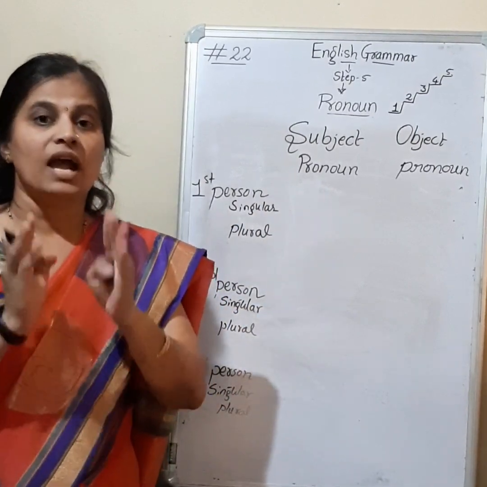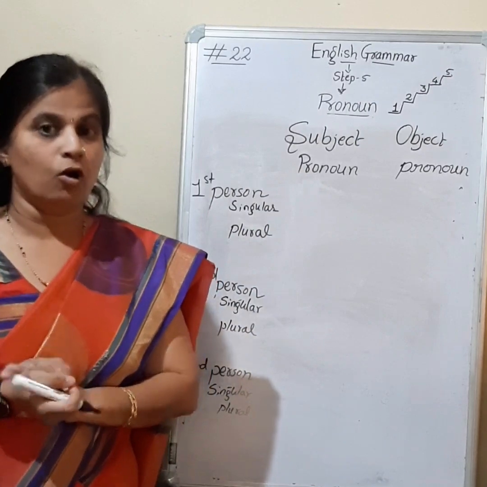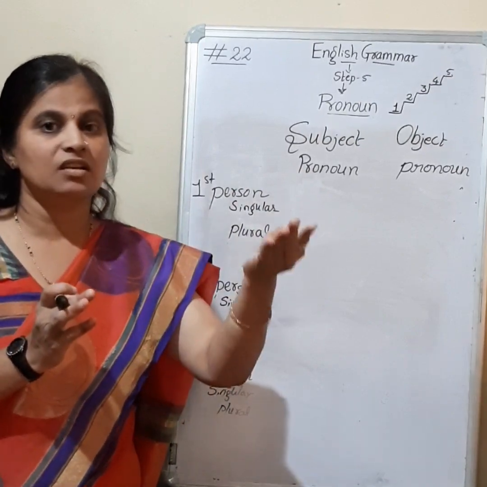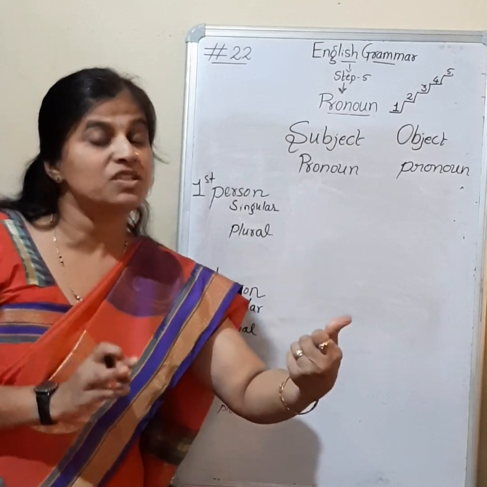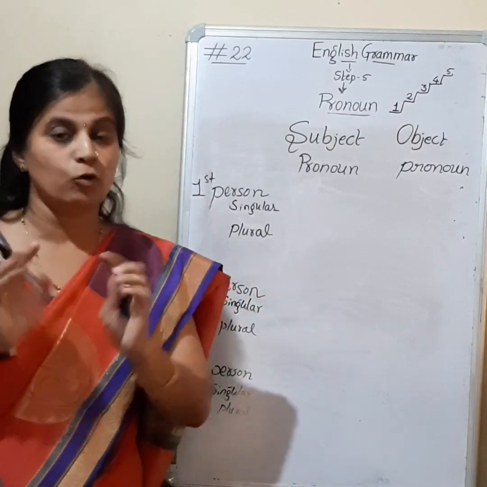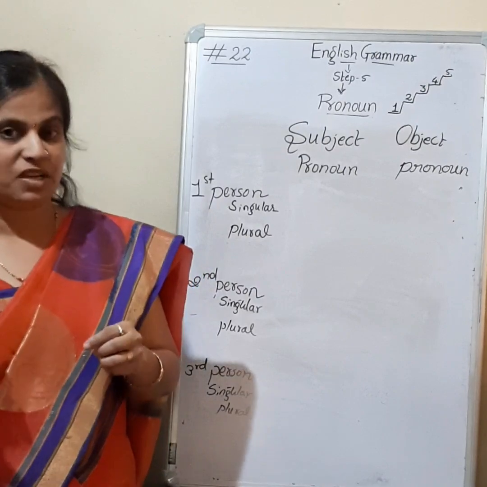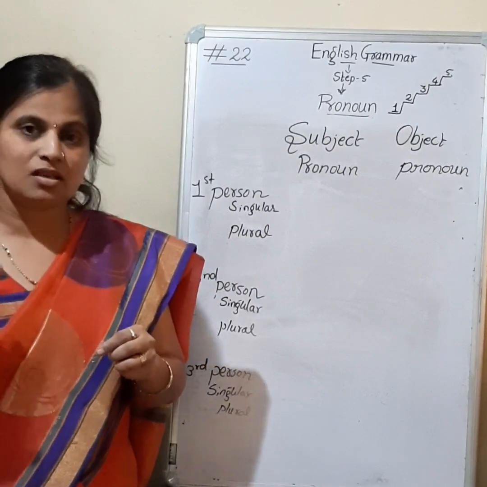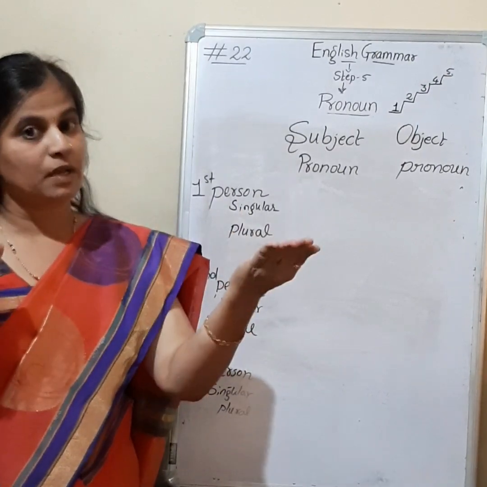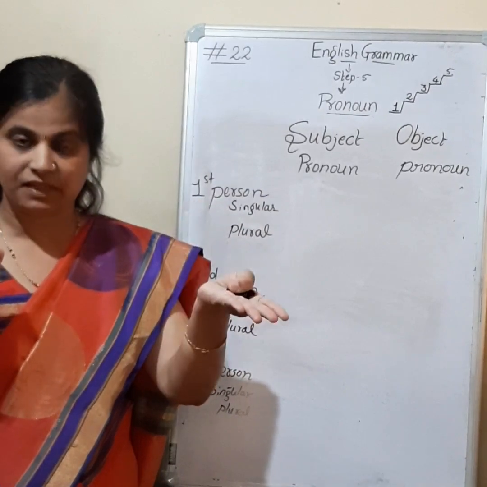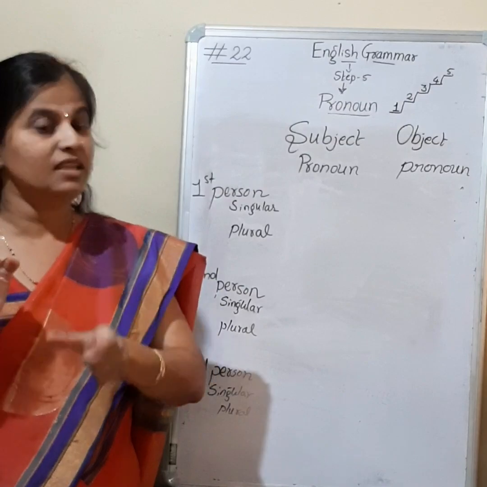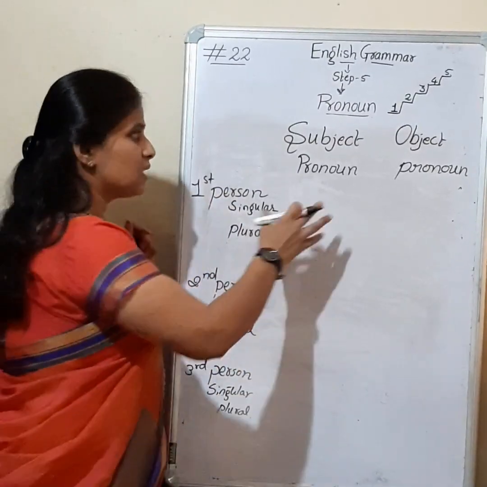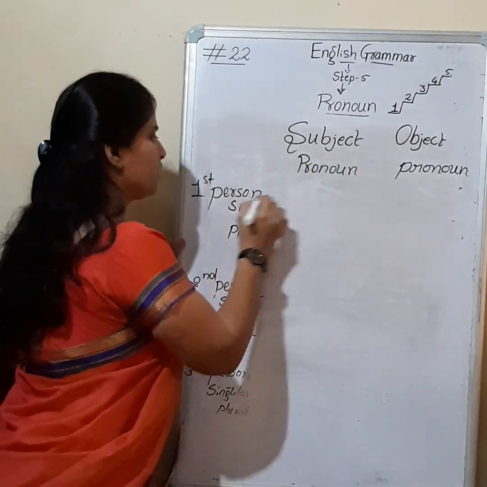So acted upon, we can call it. The object is that on which the action takes place, or the one who is receiving the action done by the subject. I hope it's clear, right? So the subject pronoun is the person who is acting. The object pronoun is the person who is receiving. In between, the action is there, no? That is the work, right?